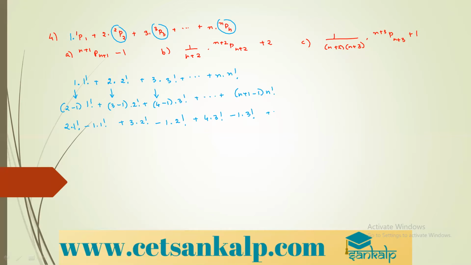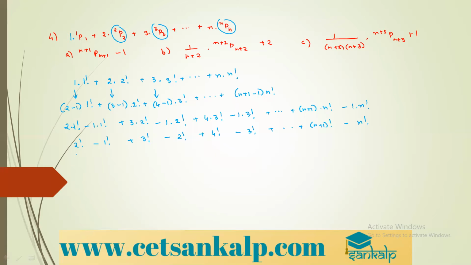Like this, in the end, what I will have is n plus 1 into n factorial minus 1 into n factorial. Or what I have is 2 factorial minus 1 factorial plus 3 factorial minus 2 factorial plus 4 factorial minus 3 factorial, and so on, plus n plus 1 factorial minus n factorial.